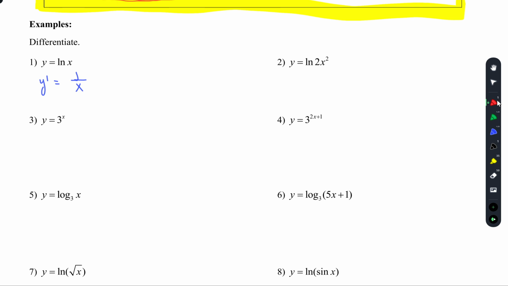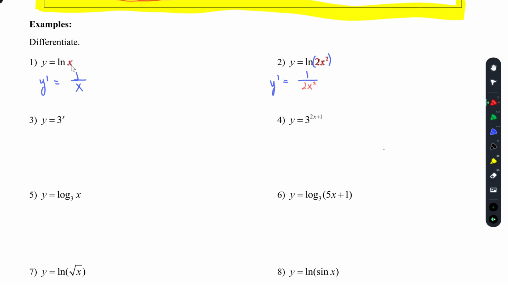Now, if I had natural log of fancy stuff, I'm just doing chain rule on it. So I'm going to go 1 over this 2x squared. So whatever it is. Like this one was just x, so I just put the x there.